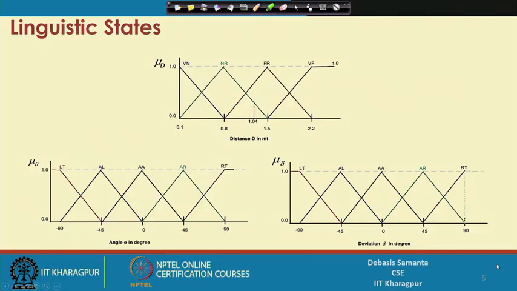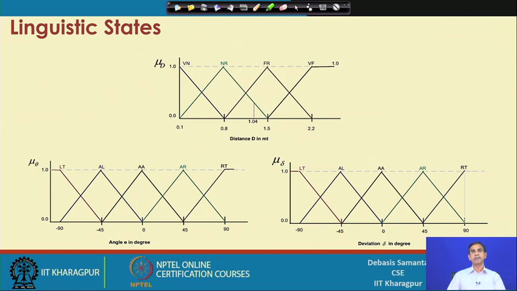Now, in order to understand how this crisp input can be converted to the fuzzy input, we can take care of the membership function for each fuzzy linguistic state that we have already discussed. So far as the fuzzification of the system is concerned, we can recall we have discussed three membership functions, rather two for the input and one for the output.